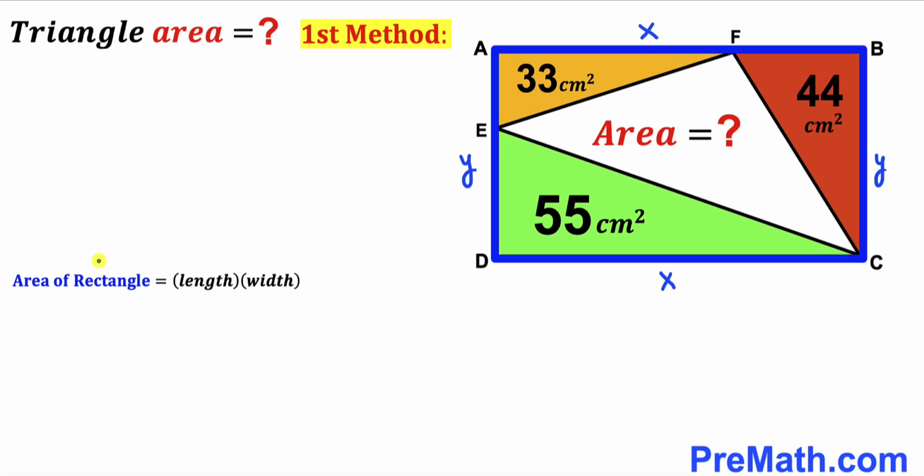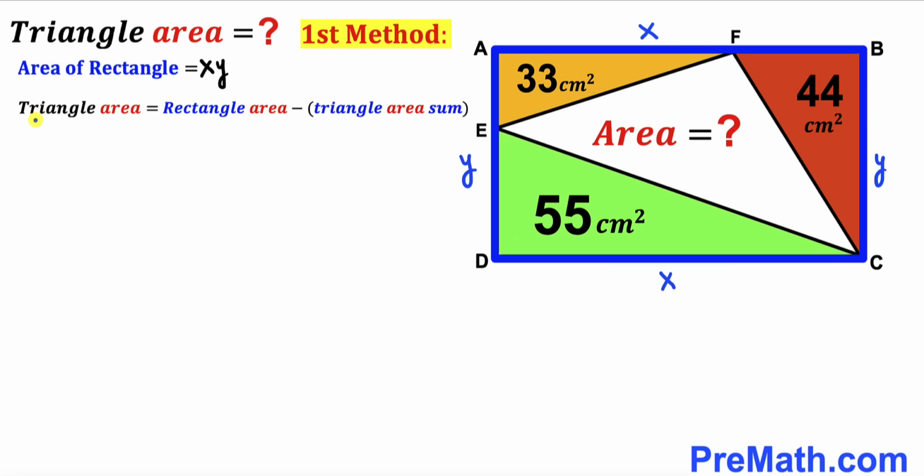Let's recall the area of rectangle formula. Area is always equal to length times the width. In our case, the length is X and the width is Y, so our blue rectangle area is X times Y.